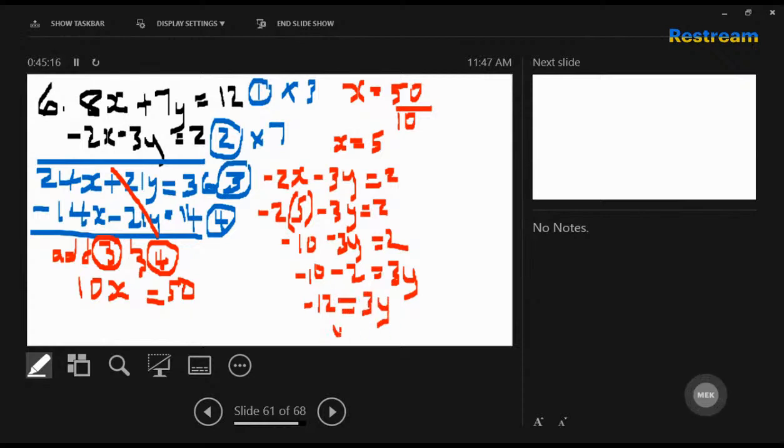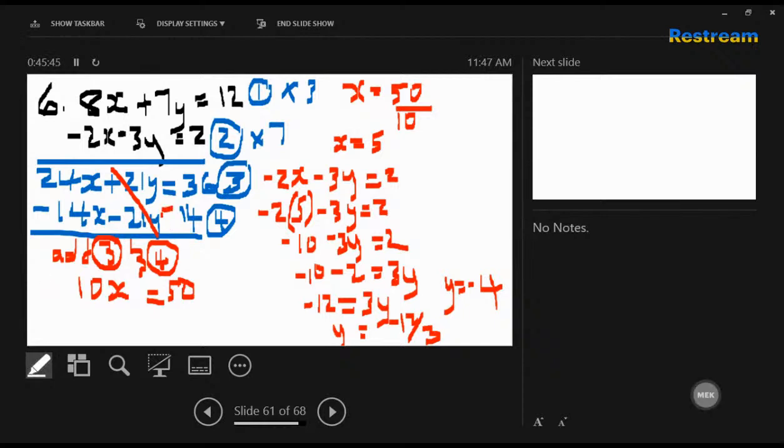So y would be equal to negative 12 divided by 3. So y is negative 4. Our solution set is x is 5 and y is negative 4.